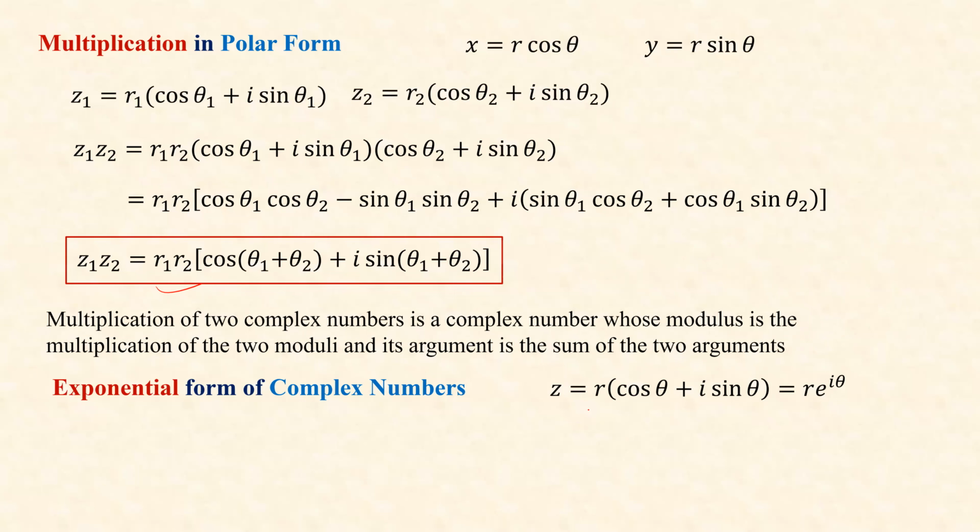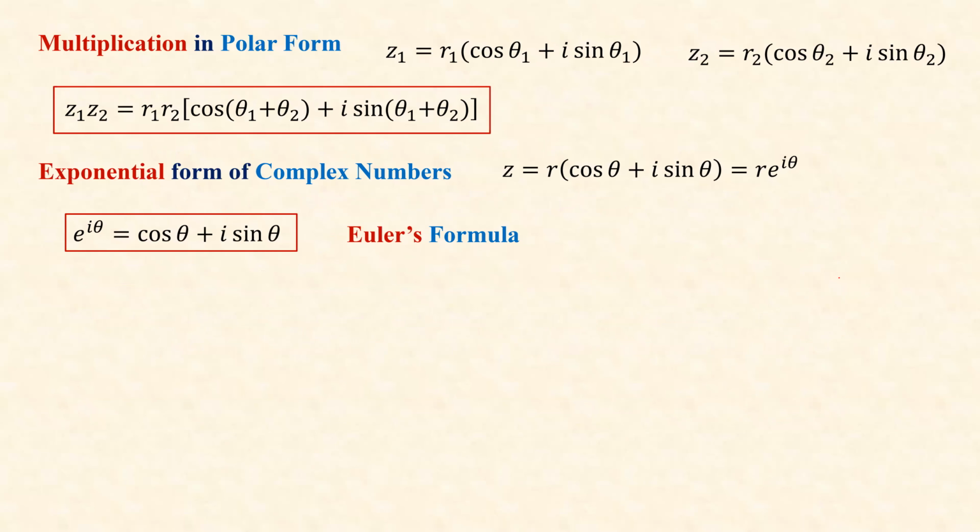And then you look at the polar form and exponential form. R cancels there, and then you see cosine of theta plus I sine theta is e to the I theta. And this is Euler's formula, which is very important in complex numbers. All right? Any questions? So we have Euler's formula.